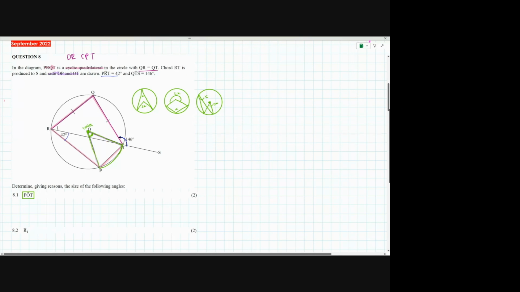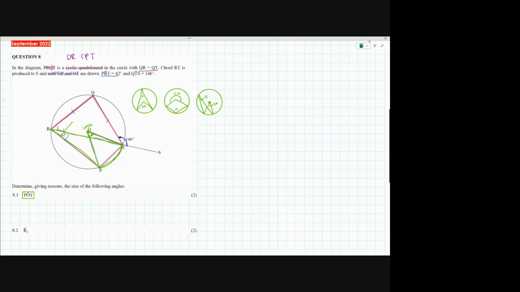And if we follow from the same chord PT, or the same arc PT, we see our angle at the circumference, angle PRT. It would be much easier if you could see my fingers going, but basically you follow to the center, and then from the same starting point, you follow to the circumference.